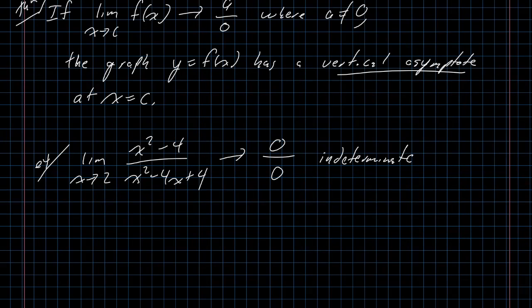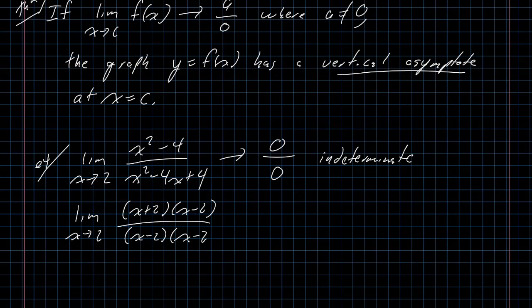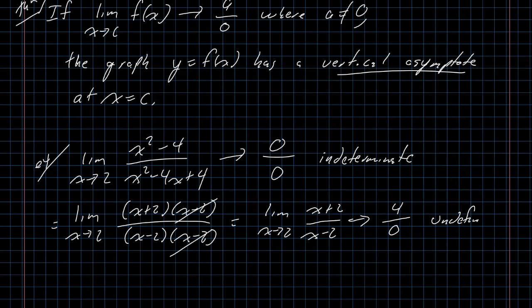But in this case, if we factor, sure, we get some x minus 2's to cancel each other out, but that still leaves us with the limit as x approaches 2 of x plus 2 over x minus 2, which in this case is 4 over 0, which is undefined.